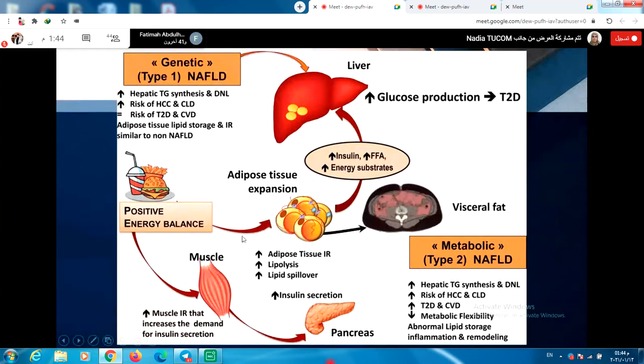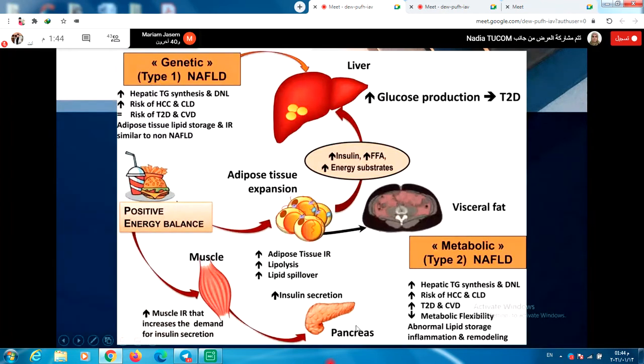With the excess consumption and obesity, there will be an increase in insulin production by the pancreas, and also an increase in insulin resistance in the muscle and adipose tissue. And so there will be increased demand for insulin secretion.